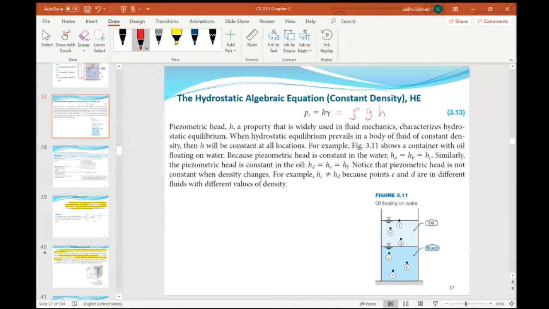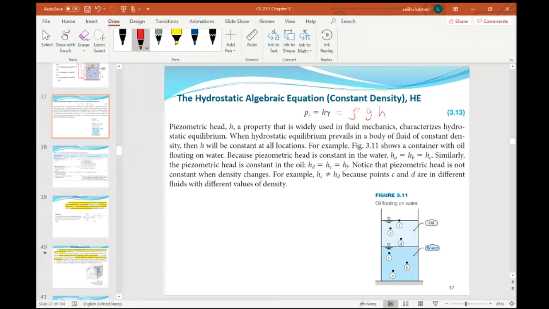So this is the simple explanation of what I gave in the previous slide, comparing different points within the same liquid, A, B, and C. They have the same piezometric pressure and the same piezometric head, while D, E, F also have the same.